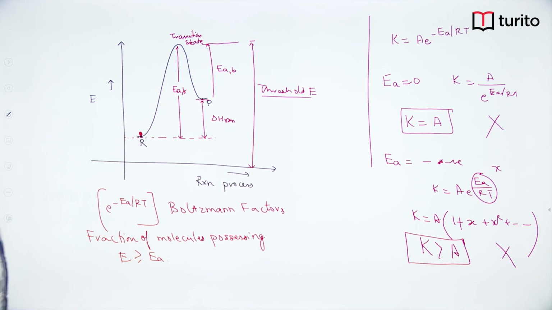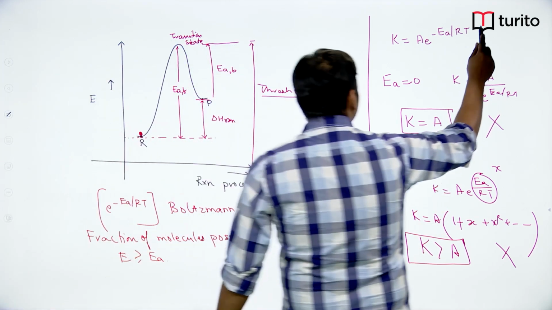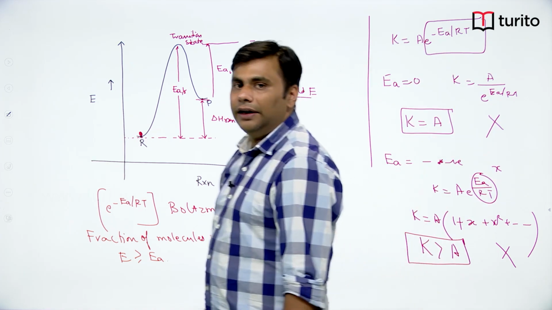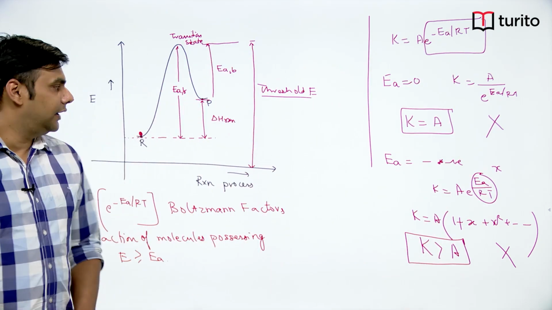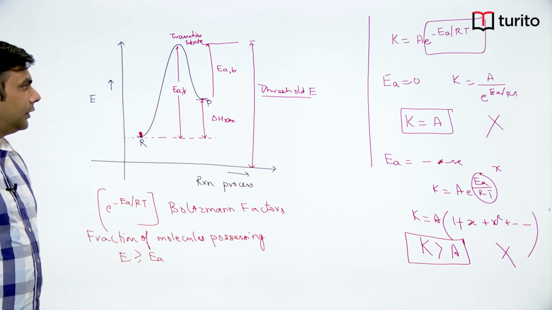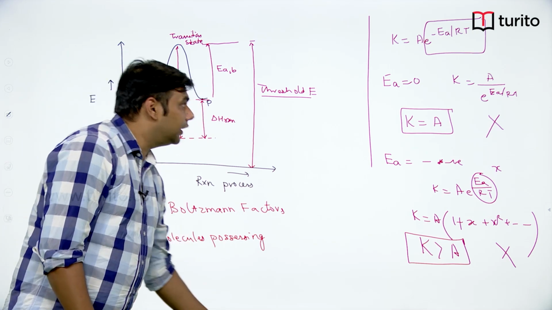So in the Arrhenius equation, this term is the Boltzmann term that indicates the fraction of molecules that have energy greater than or equal to activation energy. So I hope this is clear to everyone.